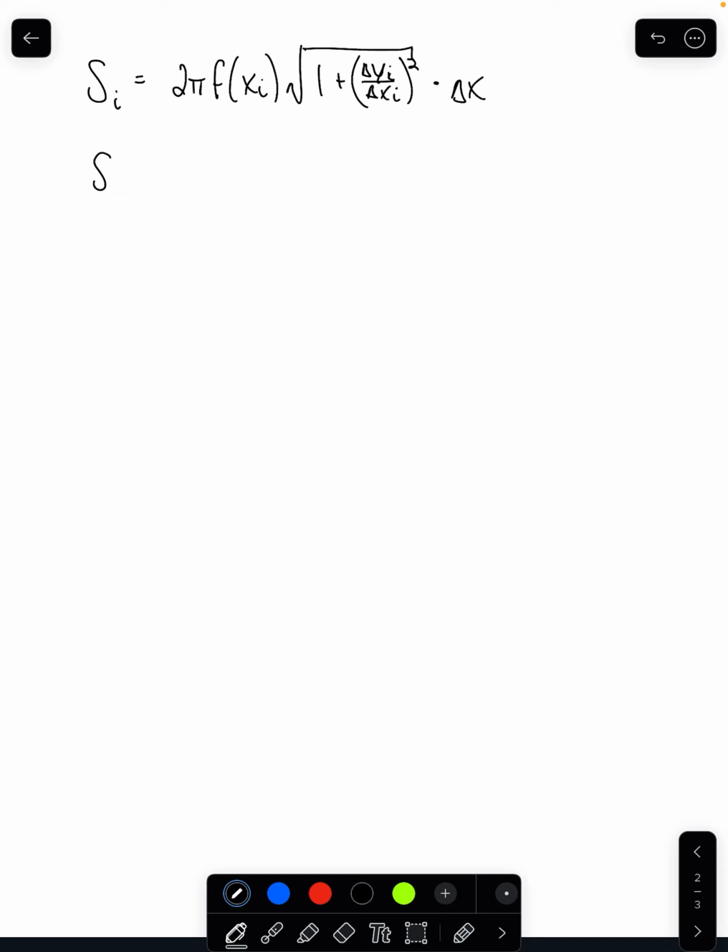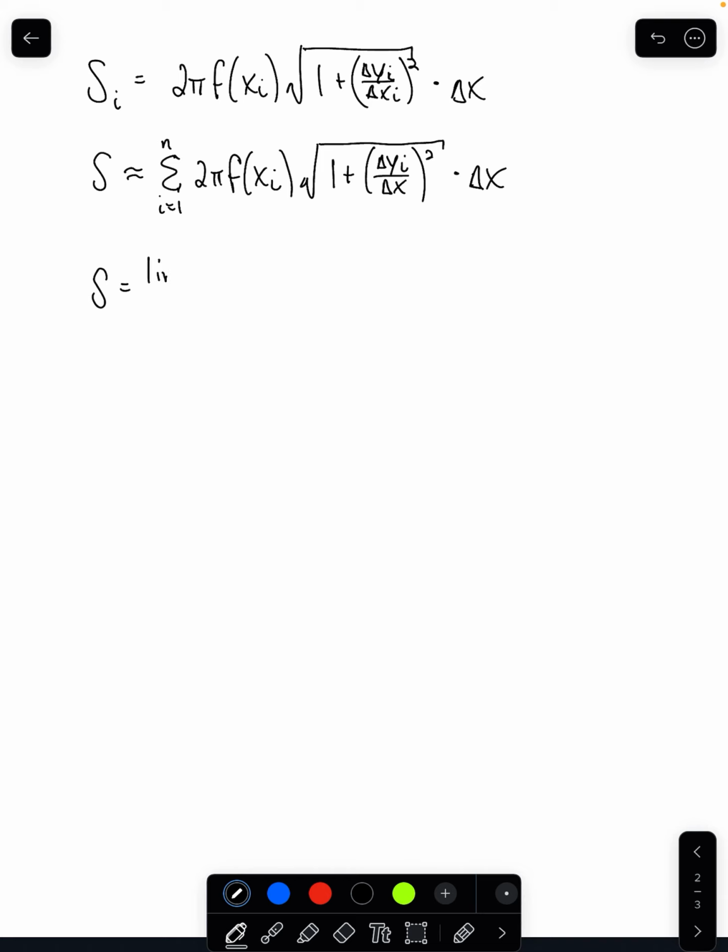Our surface area then is approximated by the sum of all of these frustums and is given exactly by the limit as n goes to infinity of this Riemann sum.